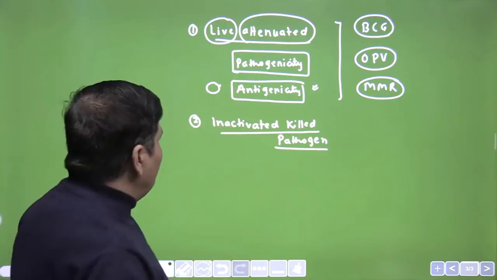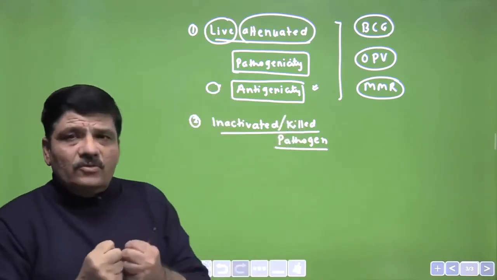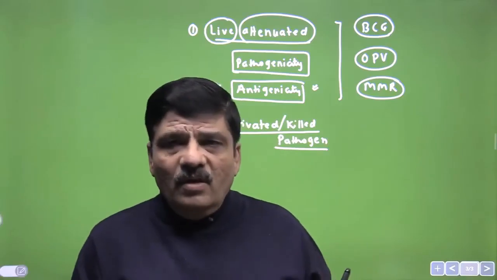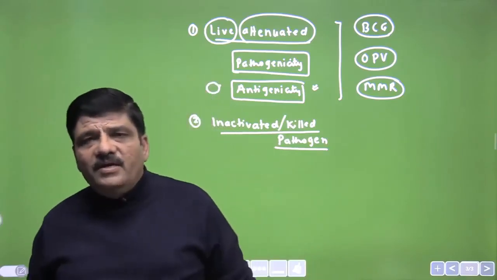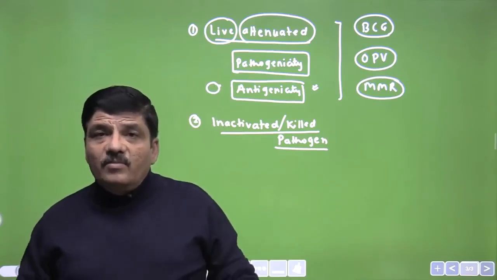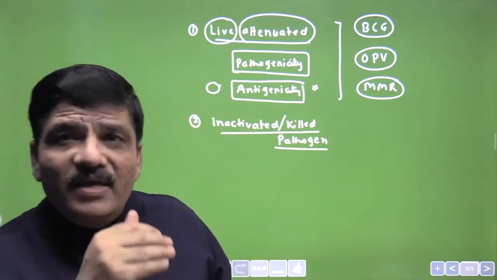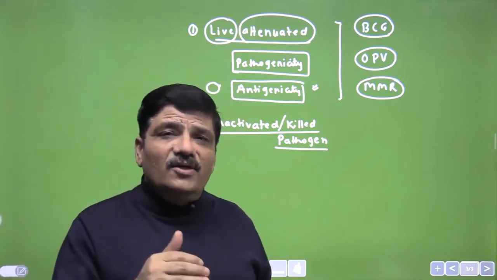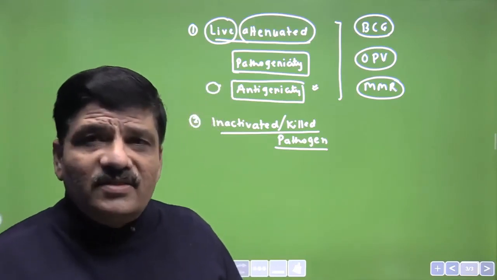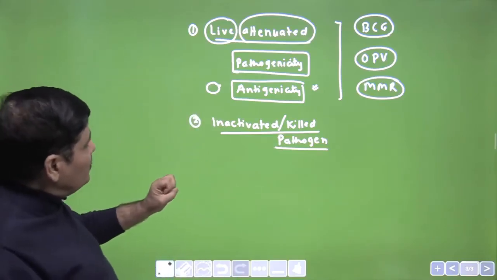So this is inactivated or killed pathogen. Immediately you can understand a pathogen that has been killed, for example with formalin or with heat. There are various methods by which the pathogen can be killed. So the pathogen is not able to cause disease now, but will be carrying the antigen present on its surface. This type of vaccine is called an inactivated or killed vaccine.